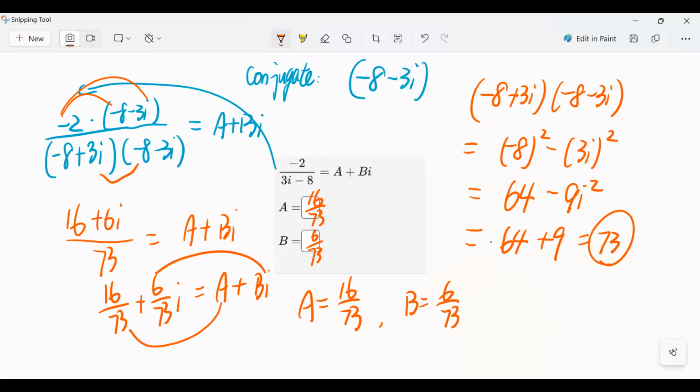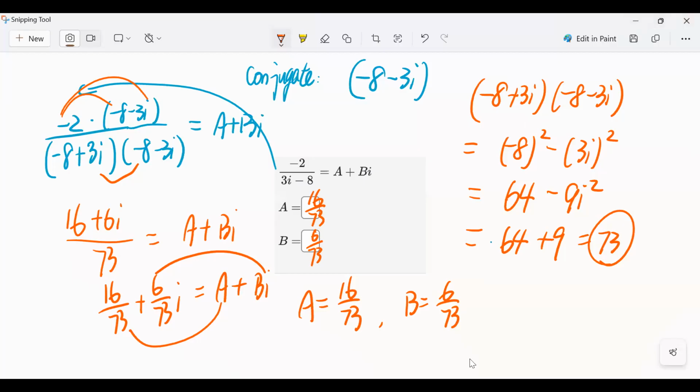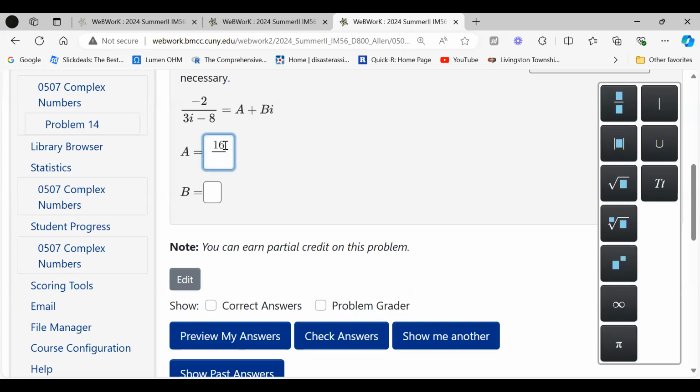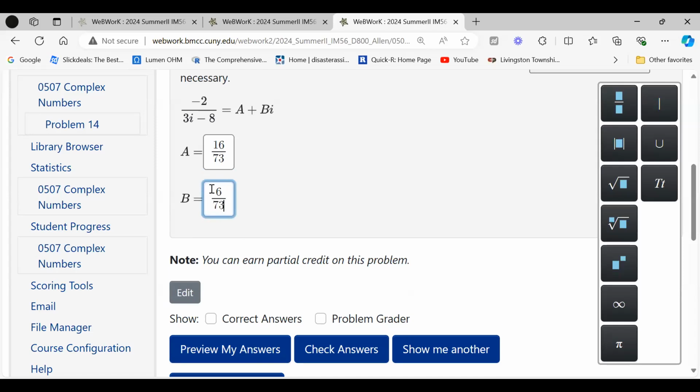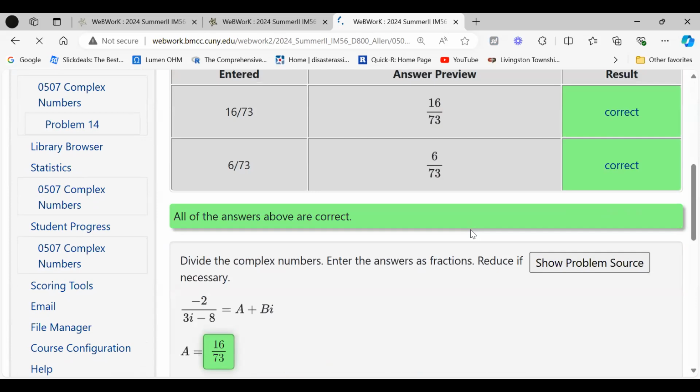That's how we divide two complex numbers using the complex conjugate. We check the answer. It's all good.